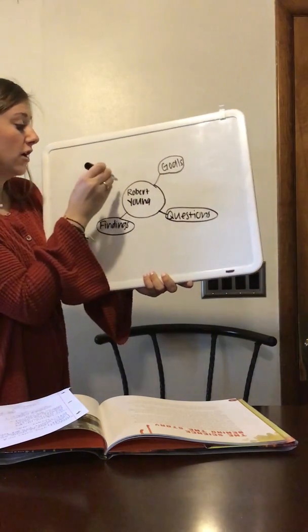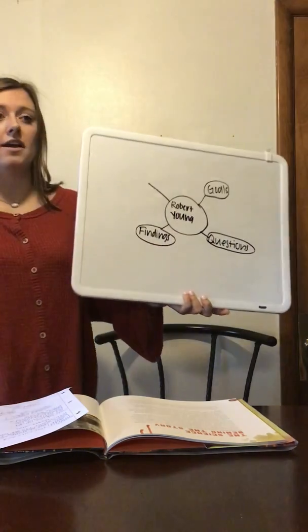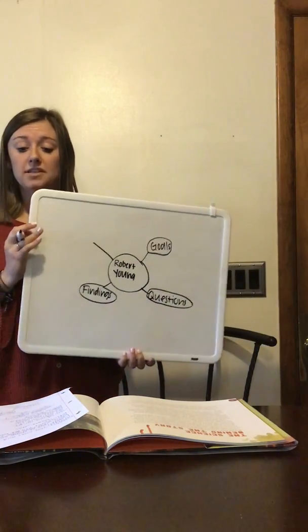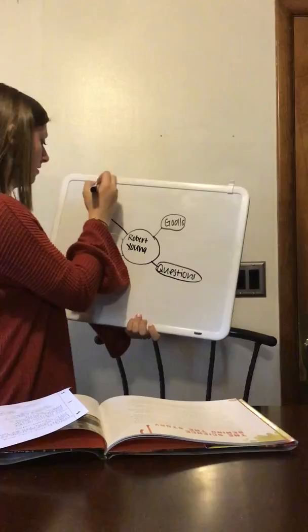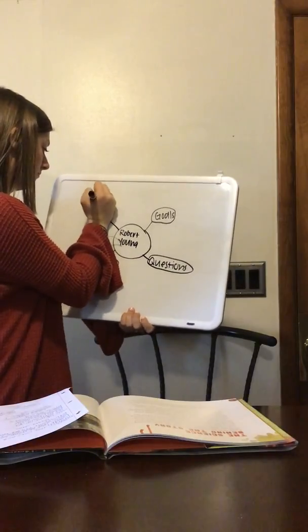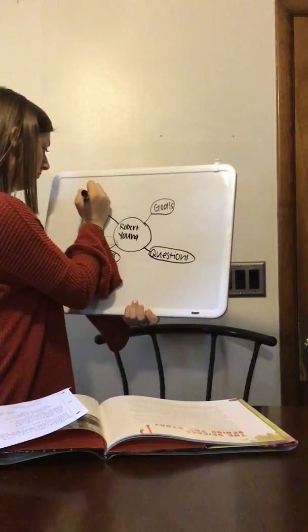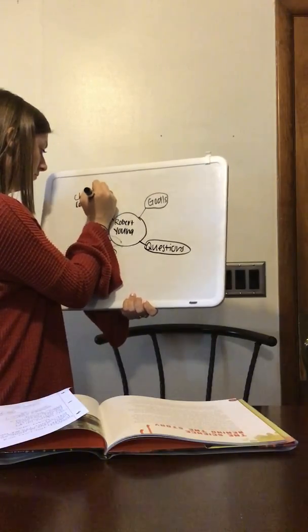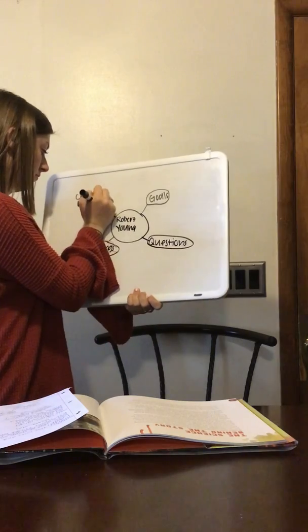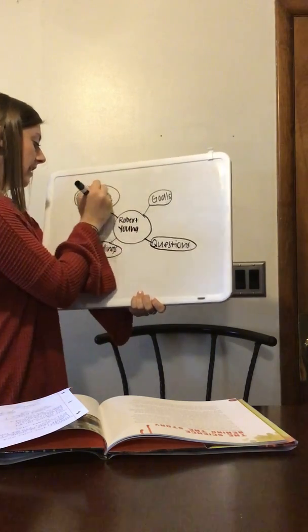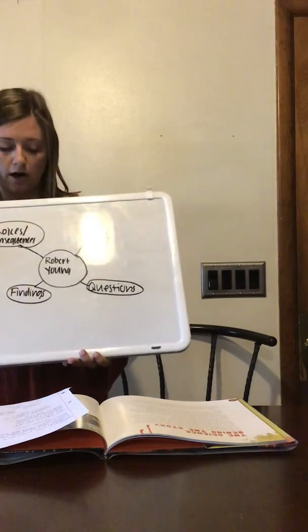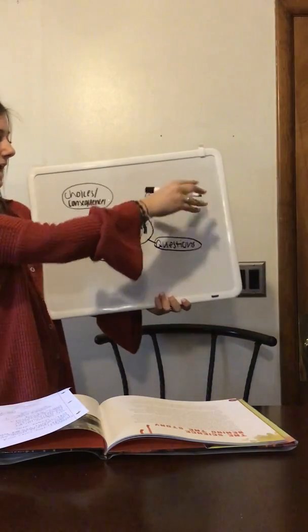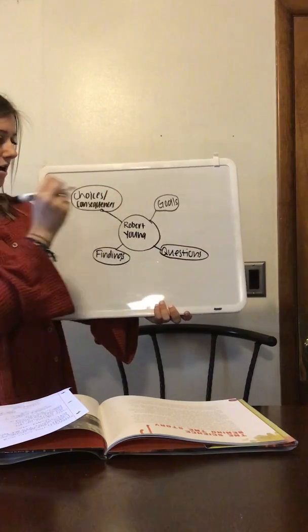And then we're going to correlate this with some of the social studies standards where they talk about choices and consequences. Okay, so this is our cluster web so far. Now we are going to discuss different aspects of these that correlate with one another.